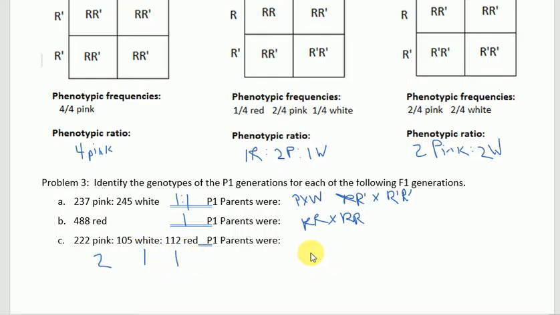So with the codominants, this would be a pink RR prime crossed with an R prime. And feel free to go and do these crosses so that you can see exactly how the ratios work, because it's important that you understand those ratios.